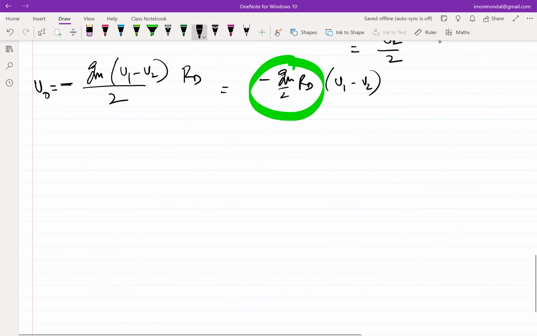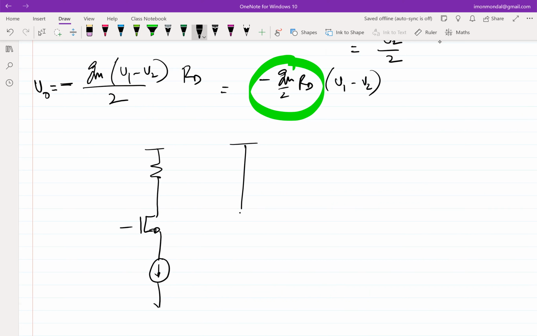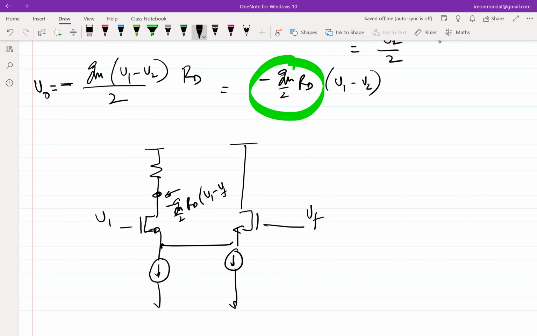So if I sketch this circuit again, this was supposed to be VF. This became minus GM by 2 RD times V1 minus VF.